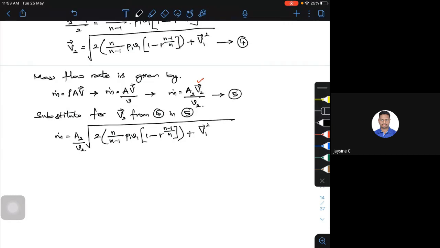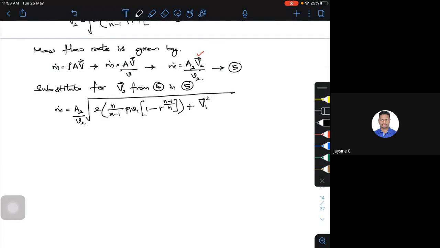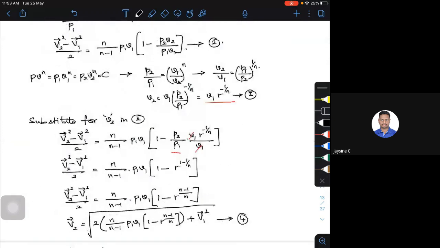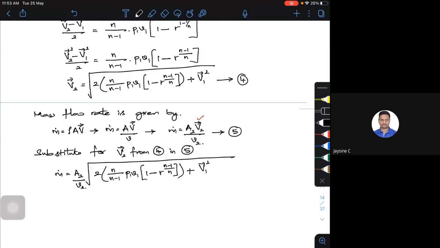Now I can take this v2 inside. Why can I take it inside? Because if you go back and see here, I have the expression for v2 in terms of v1, in terms of pressure ratio, so v2 is equal to v1 r to the power of minus 1 by n. So this equation can be simplified.